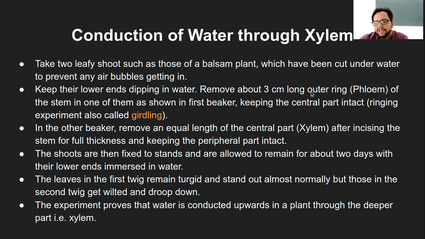So yeah, remove the 3 centimeter. Again, like I said, 3 centimeter is not the usual case. If your twig diameter is smaller, you change the cutting accordingly, and you usually get that idea. So if you have seen the grass at all, you will see at the center of the grass stem, there is a whitish tissue, and on the outermost parts, there is greenish tissue.